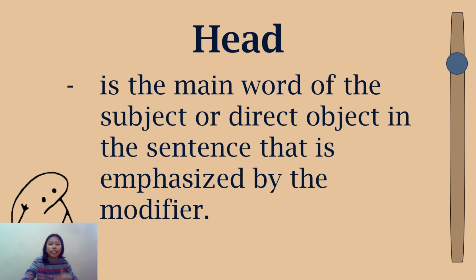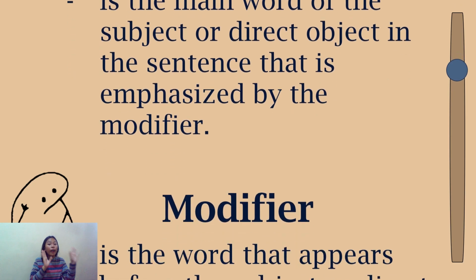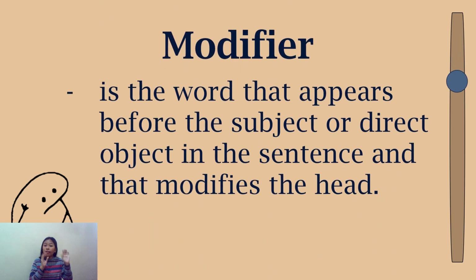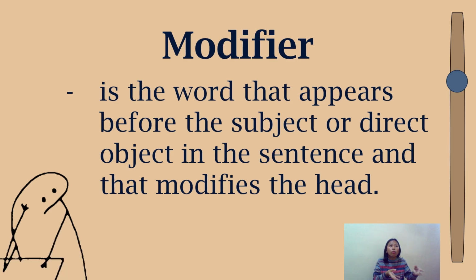Okay, next, let's talk about the modifier. The modifier is the word that appears before, remember that part, before the subject or the direct object in the sentence that modifies the head.